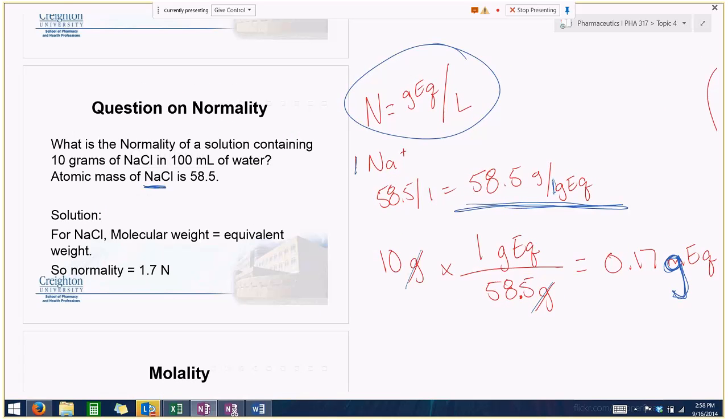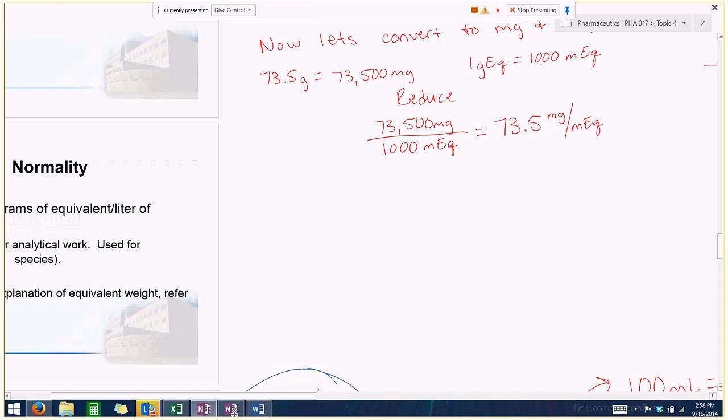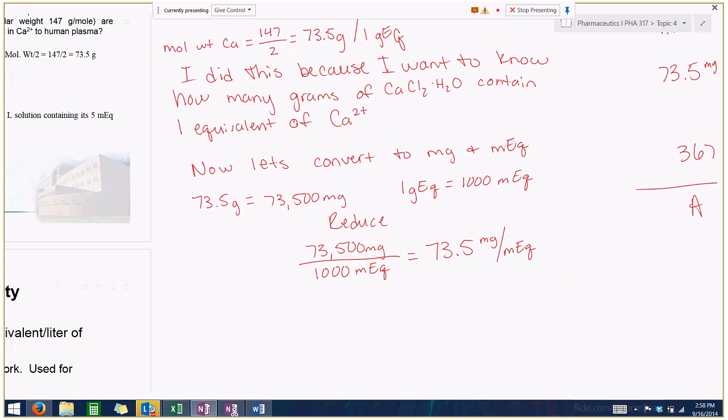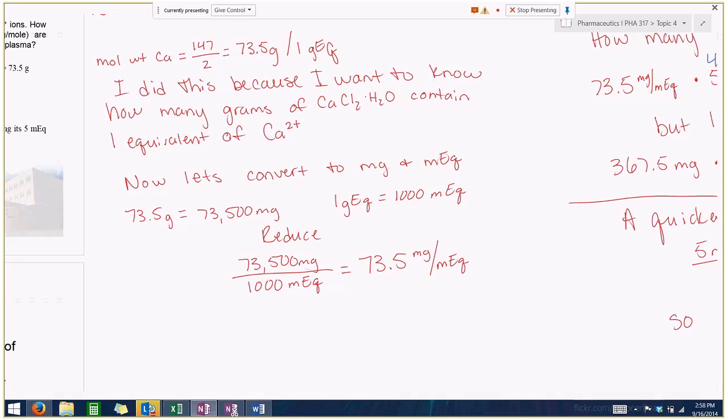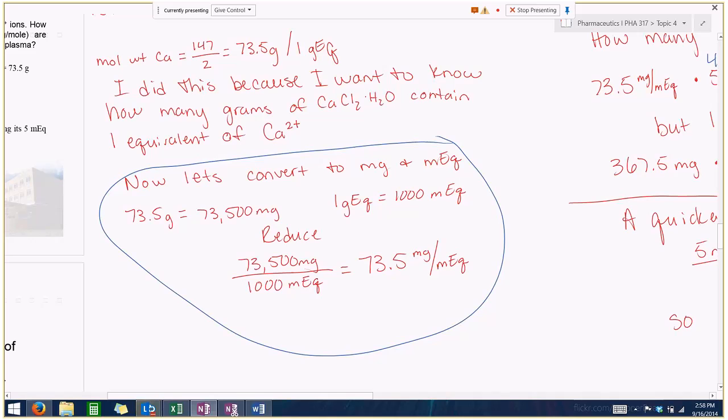Did that make sense, or do you want me to go over it again? No, I just, like the previous problem, the gram equivalence was equal to the milliequivalence. Here, I'll go back up there. It's not really equal, because if you look right here where I converted, I said, now let's convert milligrams to milliequivalents, because I started out with 73.5 grams, and I converted that to milligrams, because I moved the decimal over 3 times.